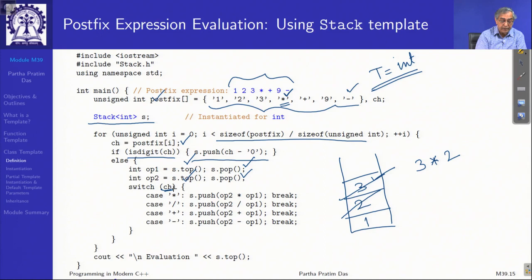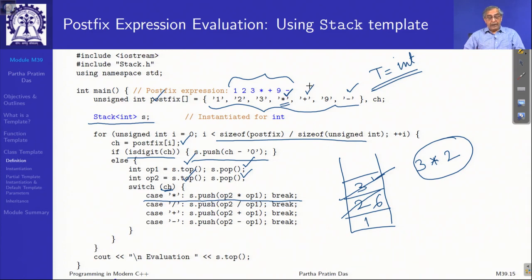I do that in this switch and I push the result of this multiplication, because it is a multiplication symbol. So, now my stack becomes 1 6, and again I have a plus. As I have a plus, I will take this out, add them as 6 plus 1 using this option and so on.